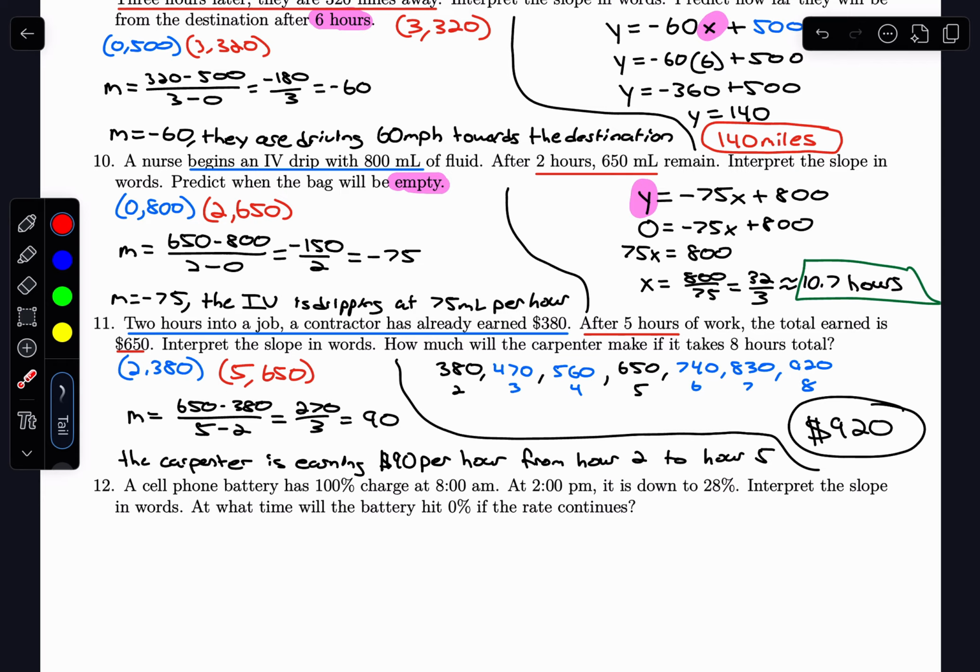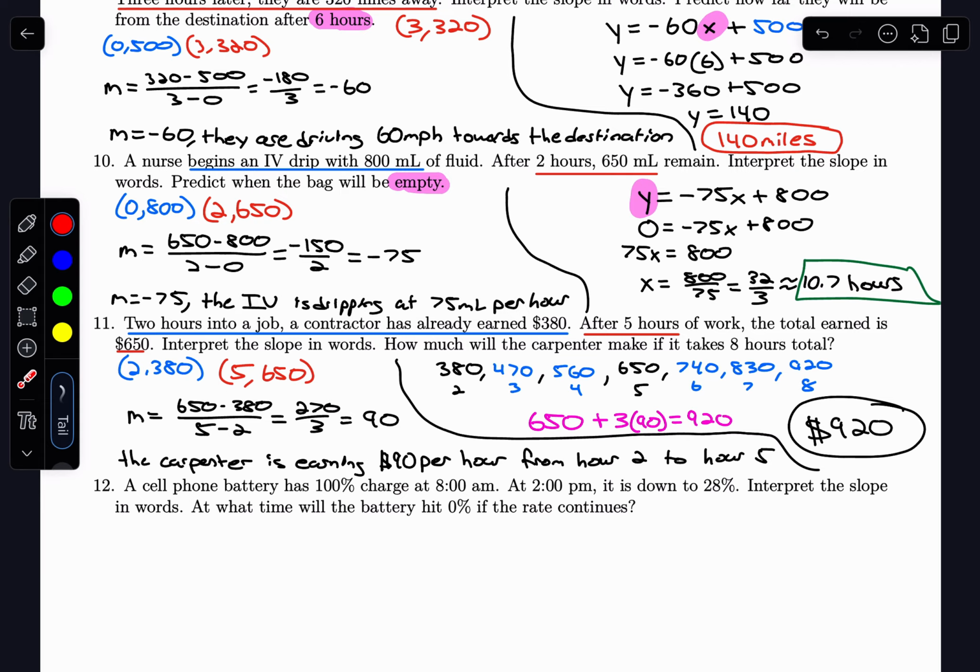So what we could have done instead is taken 650, which was the amount after 5 hours, and added 3 times 90. So notice 650 plus 3 times 90 is 650 plus 270. That is also going to equal 920. So in this case, we could have done it a much quicker way, which is to just add 90 3 times to get over to the after 8-hour number. But either way you do it here, we're going to get to 920.